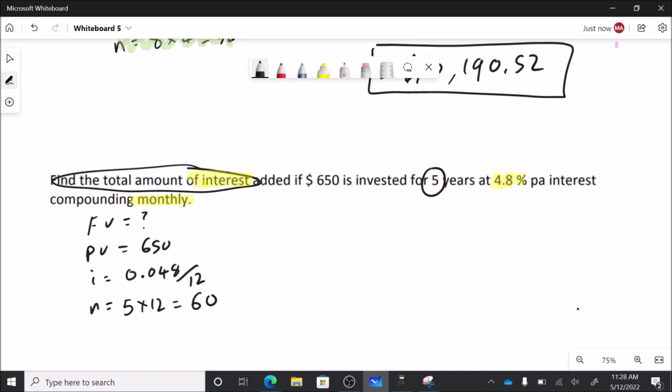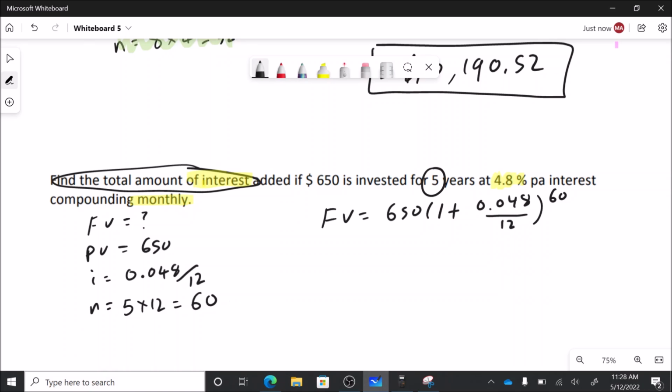Now, if you didn't get that far first time around, maybe you want to pause the video and try putting that into the equation now, then I'll do it. Okay, so let's see. Final value equals our present value 650, bracket 1 plus 0.048 over 12 to the power of 60. So that's what we're going to put into the calculator.